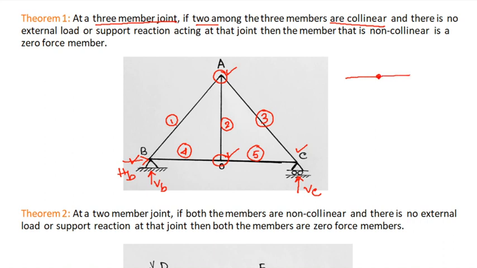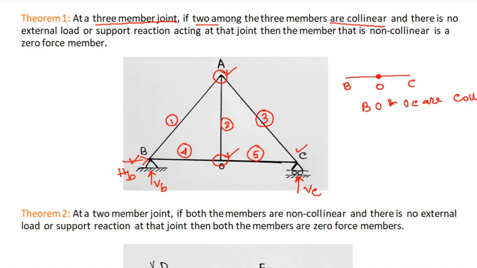See, if we say this is O, this is B, and this is C, we can say BO and OC are collinear. So in this diagram, if we consider this joint A, here AB, AO and AC, all the 3 members are non-collinear. So this rule is not valid for this joint, right?